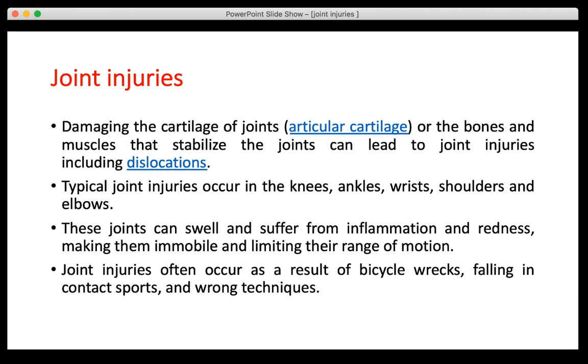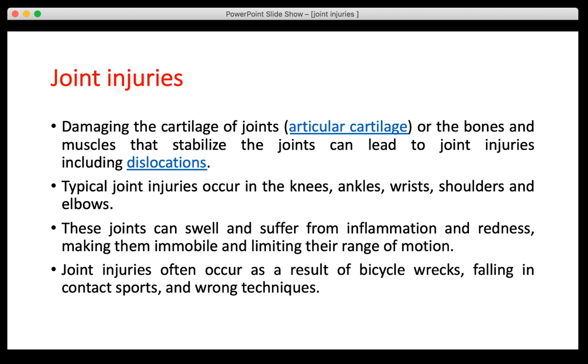In joint injuries, either your cartilage gets damaged, or your tendons or ligaments have some problem, or some strengthening muscles have a tear. That will all lead to problems in your joint, and in serious stages it can even lead to dislocation of the bones.